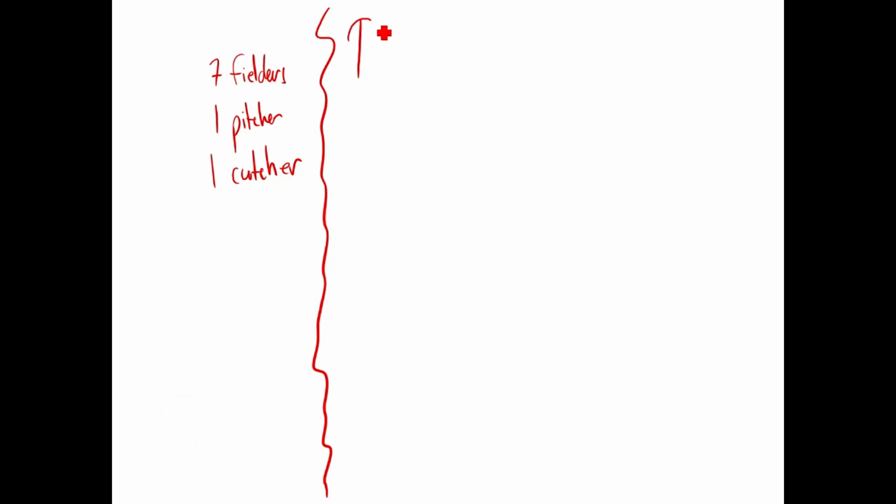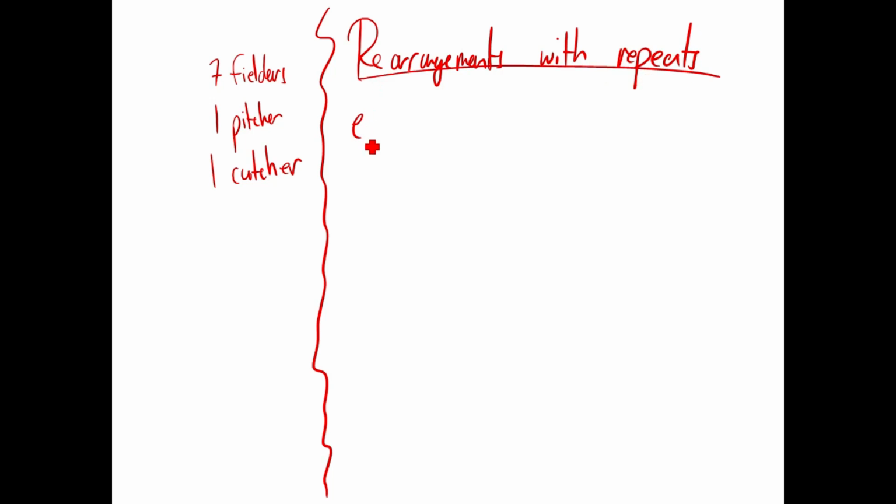If you're looking at rearrangements with repeats, okay, a classic example is if you're trying to rearrange all the letters in the word, I don't know, what's a word that has repeating letters in it? Yeah, Mississippi is one of the classic examples.